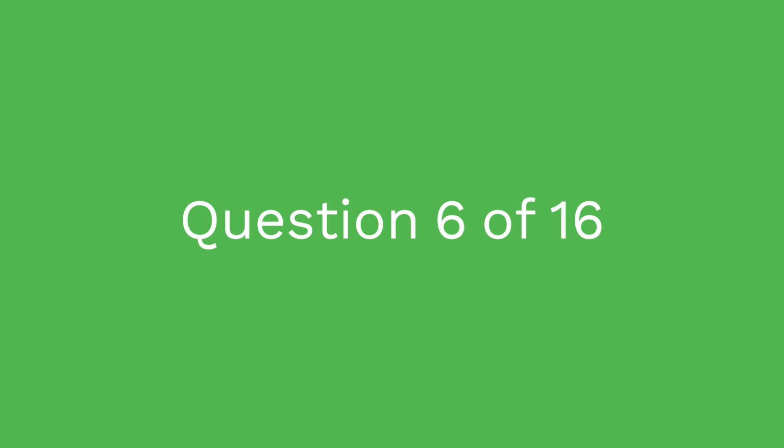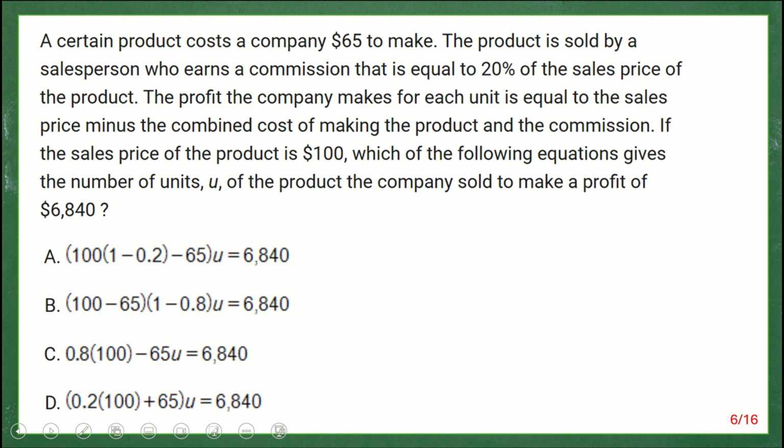Now, let's look at our problem number 6. Now, for problem number 6, we are given that a certain product cost a company $65 to make, and the product is sold by a salesperson who earns a commission that is equals to 20% of the sales price of the product.